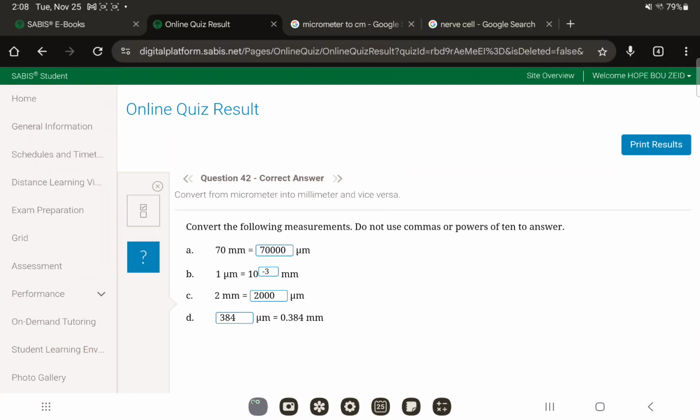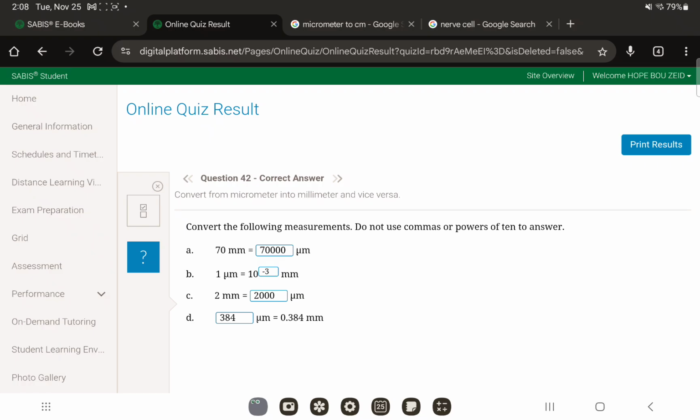But basically you just have to change the units. From millimeters to micrometers is multiply by 1,000. From micrometers to millimeters you have to divide by 1,000, or 10 to the power of 3, so it would be times 10 to the power of negative 3.